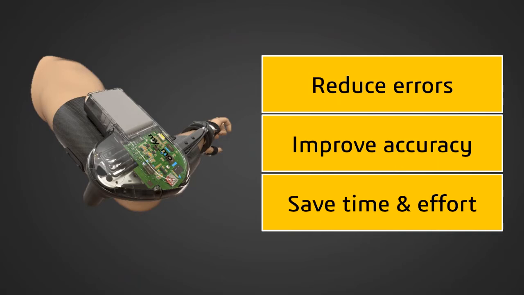This process that we're going to show you today reduces errors and absolutely improves your accuracy because you're working with one set of data. Using one set of data is going to save you time and effort.